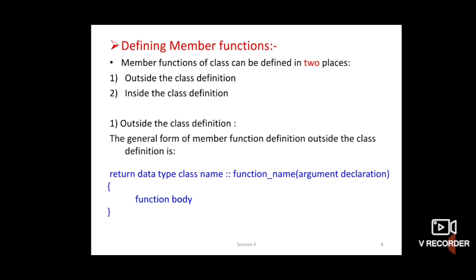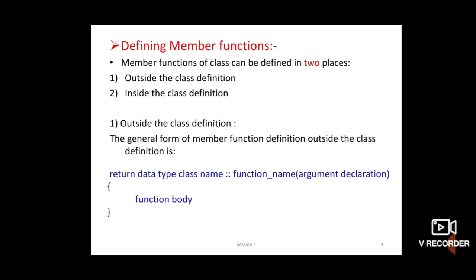Then space, class name, scope resolution operator, then function name, and in brackets the argument declaration. If any variables are declared in brackets, write the variables here. Then begin, function body and end. This is the general format of a member function declaration outside the class.